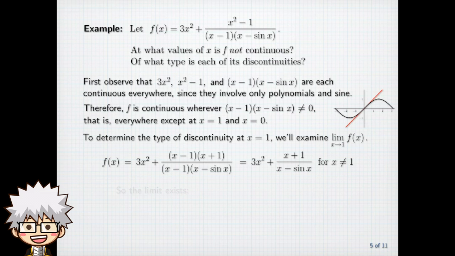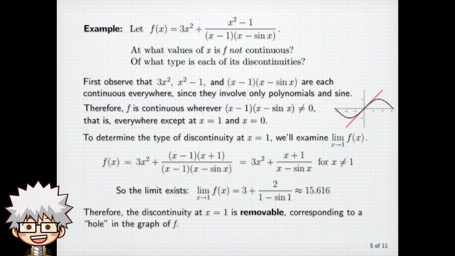So the limit exists. In fact, the limit as x approaches 1 of f of x is equal to 3 plus 2 divided by 1 minus the sine of 1, which is approximately 15.616. Therefore, the discontinuity at x equals 1 is removable, corresponding to a hole in the graph of f.